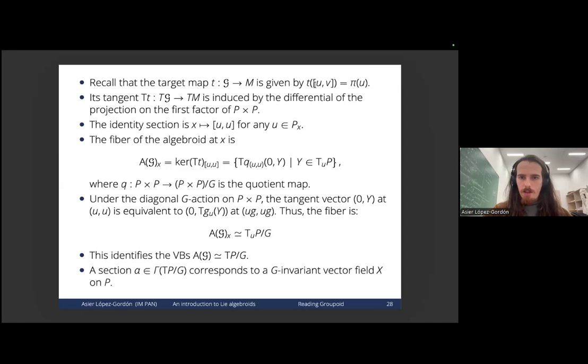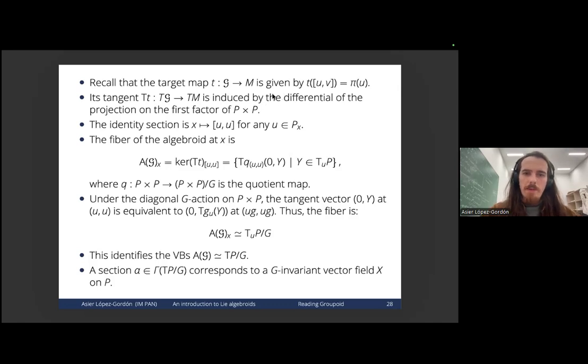The target consists of taking any representative, the element U, and projecting it by the principal bundle projection, and analogously for the source, but for the second element of the pair.